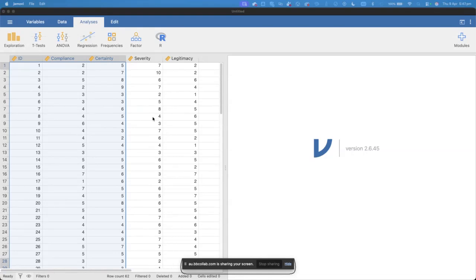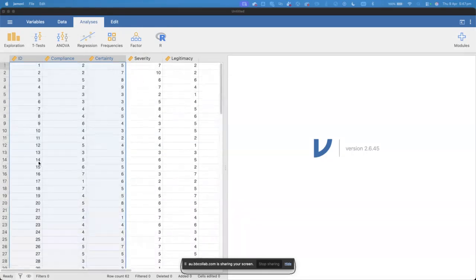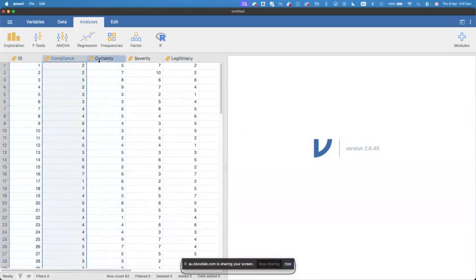How many variables do we have? 4, excellent, Tatiana. So we have 4 variables, which are compliance, certainty, severity, legitimacy. ID is not really a variable, it's just an identifier, yeah? So that's important when we consider our cases to variable ratio.